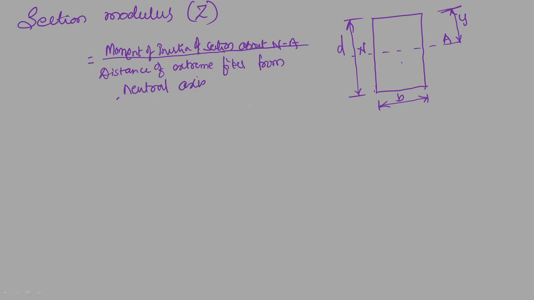Right, now look out. As I took an example of a rectangular cross section here, what is the distance of the extreme fiber? Beyond this one, do you have any surface, any layer? Yes or no?